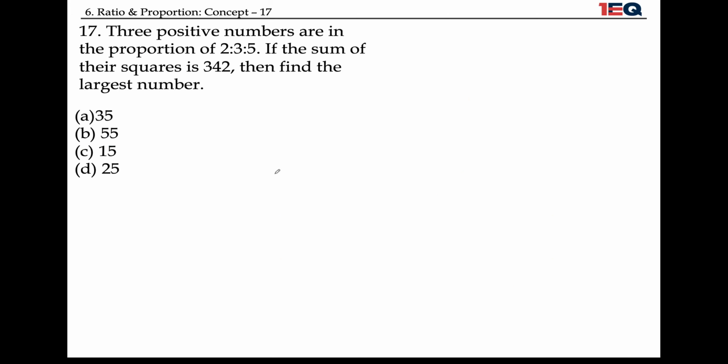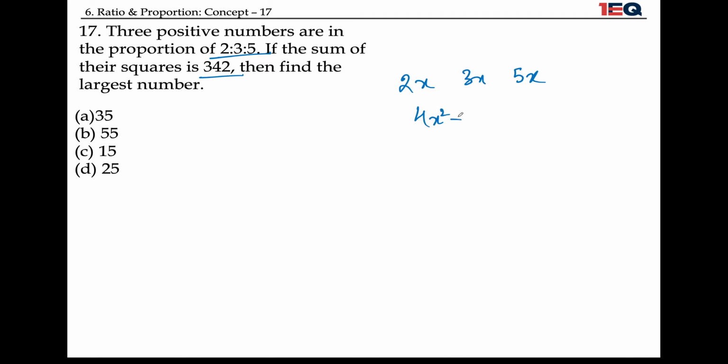All right, moving on. Three positive numbers are in the proportion of 2 is to 3 is to 5. If the sum of the squares is 342, find the largest number. This time it is 2x, 3x, and 5x.